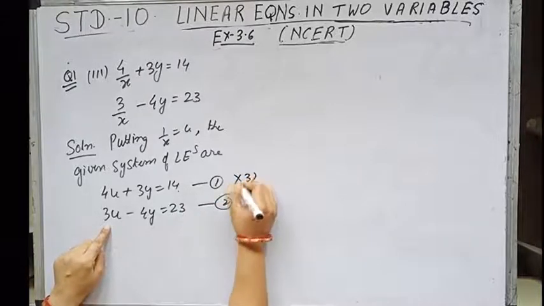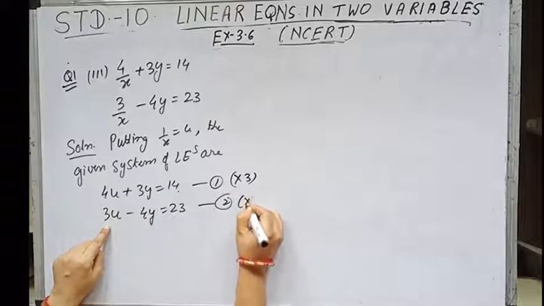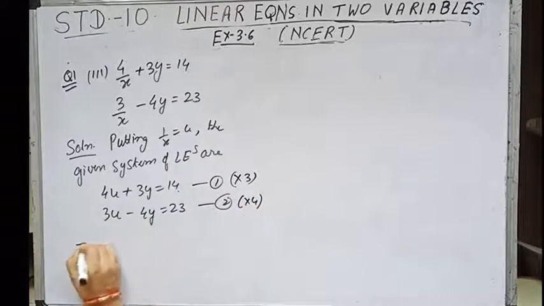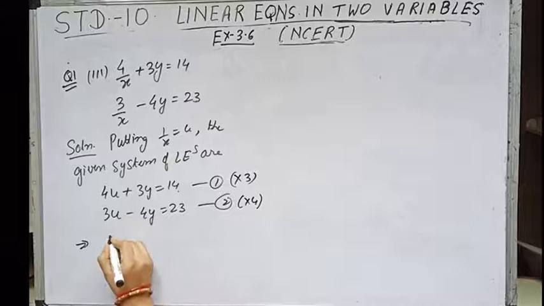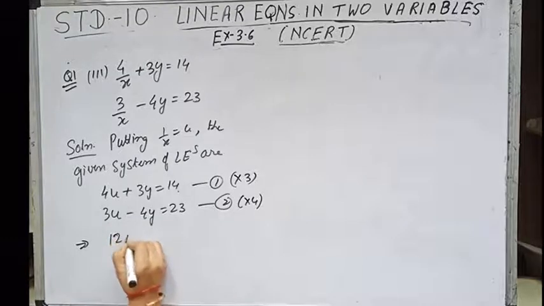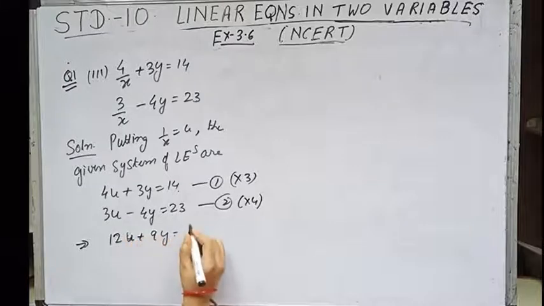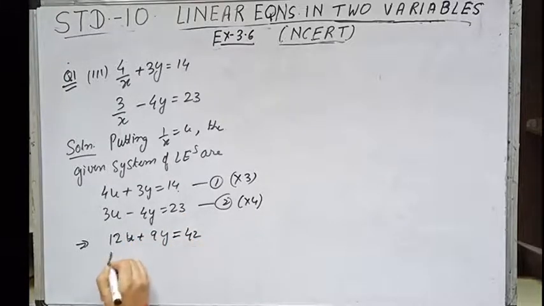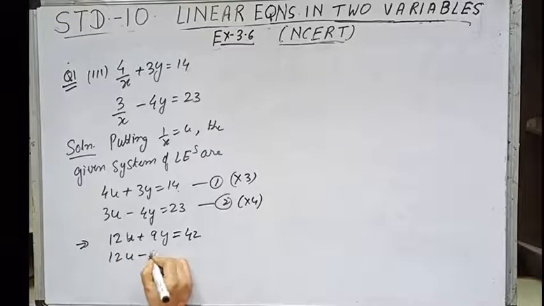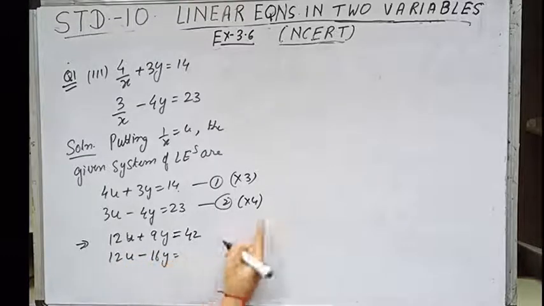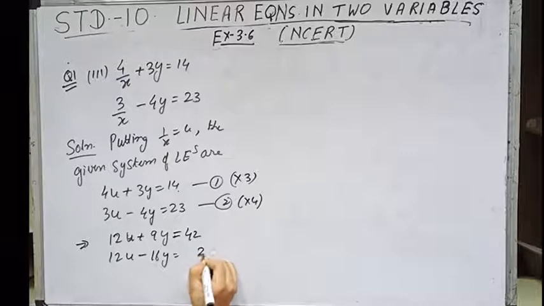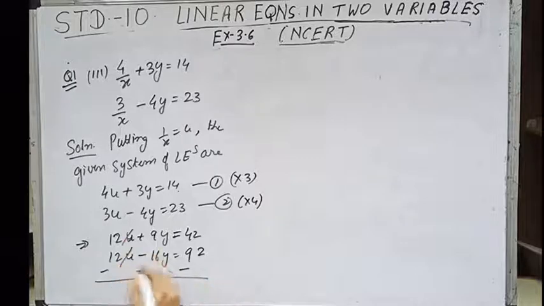Multiply equation number 1 by 3 and 2 by 4. So multiply by 3: 3 4s are 12u, 3 3s are 9y and 14 3s are 42. Again 4 3s are 12u minus 4 4s are 16y equals 4 2s are 8, 1 9, that is 92. Subtraction, 12u cancels.